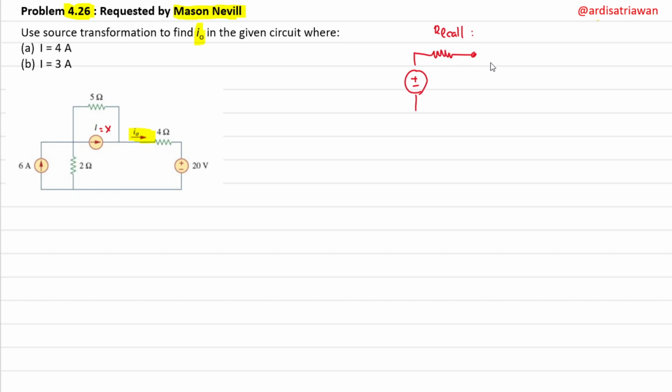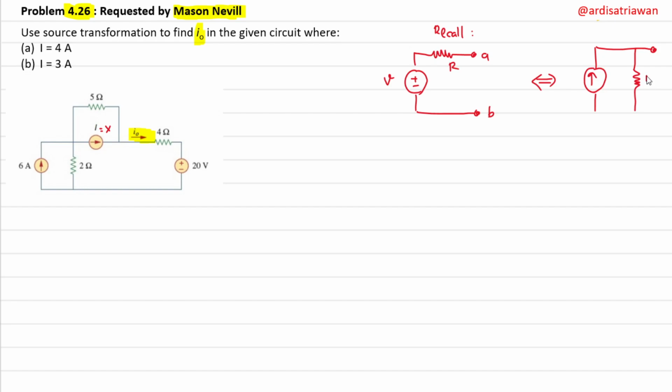Here, let's name this node A and node here as B, and let's name this voltage source as V and this resistance as R. We can replace this with a current source in parallel with a resistor, and the value of the resistor will be the same.